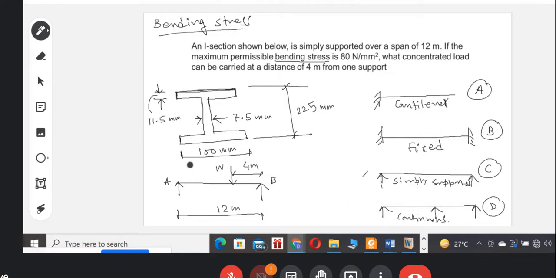Tell me what we have to do first in this problem. Simply supported definition is fine.